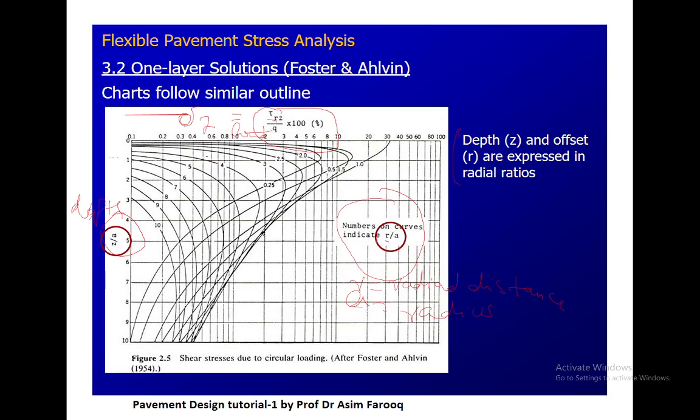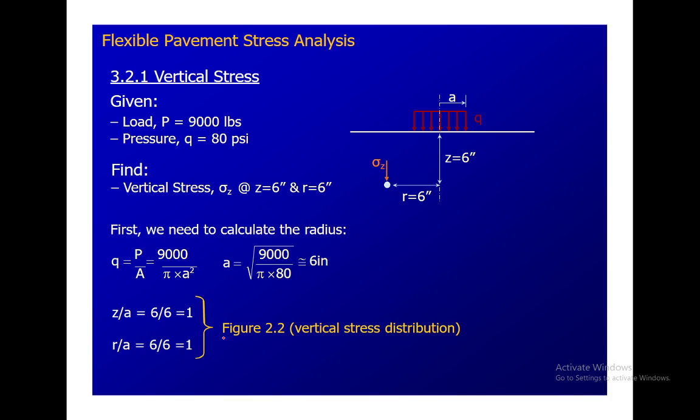So we can determine the stresses because of the circular loading in the Foster and Ahlvin method, which is basically a modification of the Boussinesq equation from 1885. This model was improved in 1954. This is one typical example which is already resolved for you.